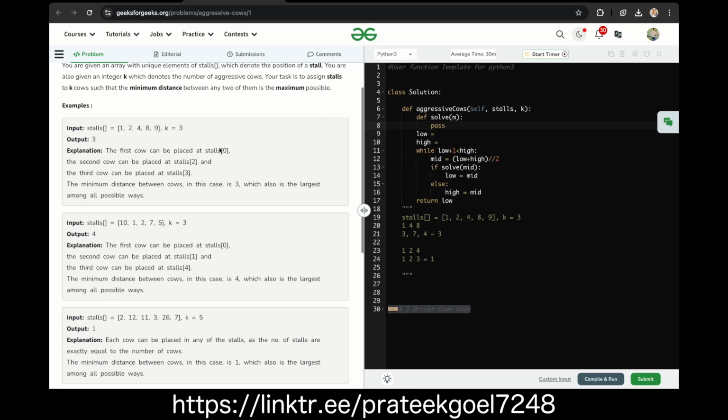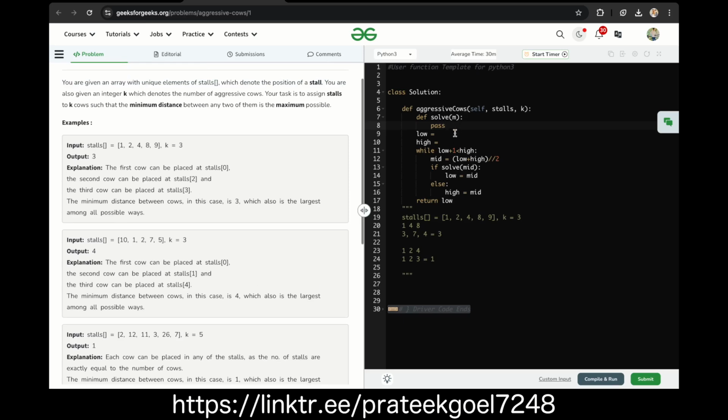Now we have to change it according to our code. So low could be 0, and the maximum difference could be the maximum of stalls. Now let's suppose our mid is 3.